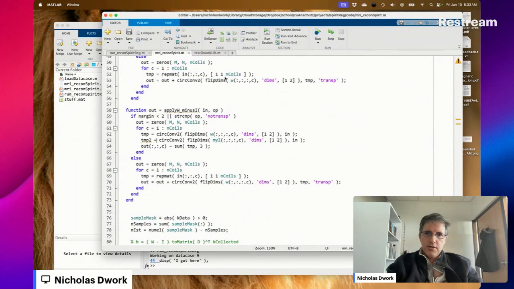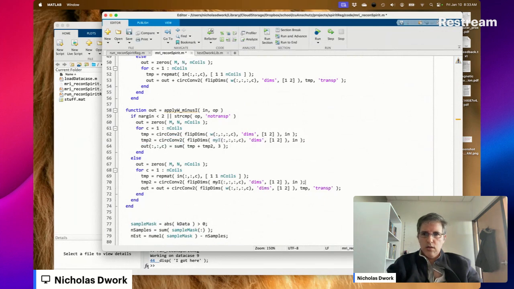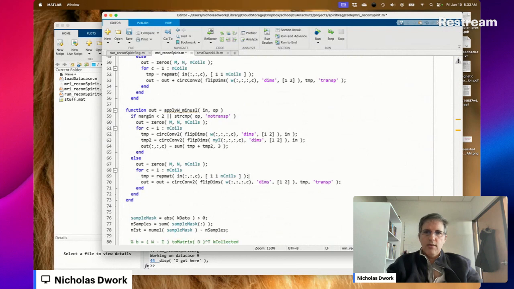I can do the circular convolution with W and then my I separately, and then I'll add them together. Okay.